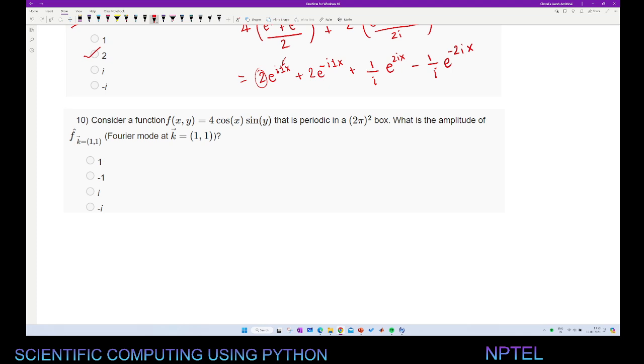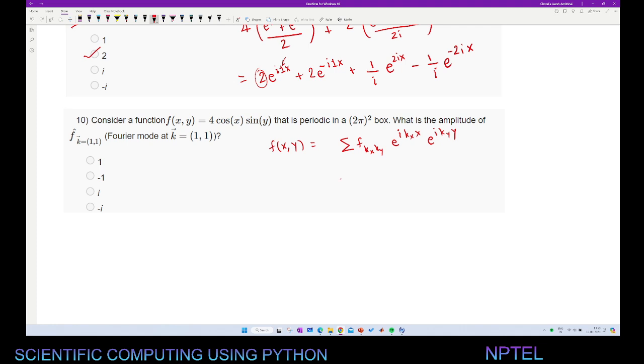Okay, so the last one is again the same thing in 2 dimensions. If you have 2 dimensions, then your Fourier coefficient will have two indices, kx and ky, and the function will be e to the power i kx x and i ky y.